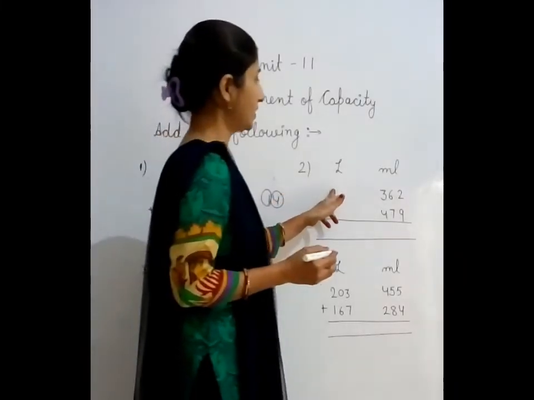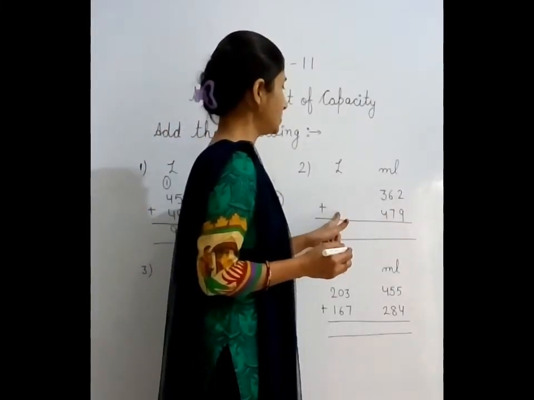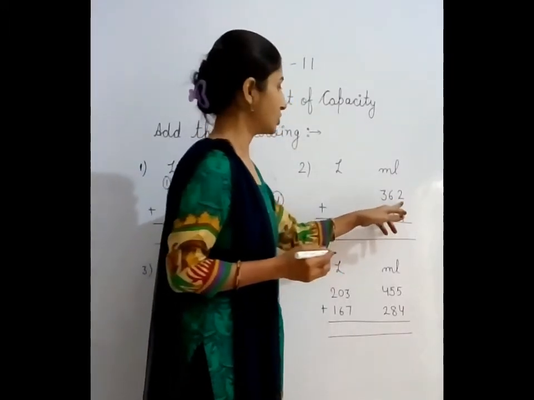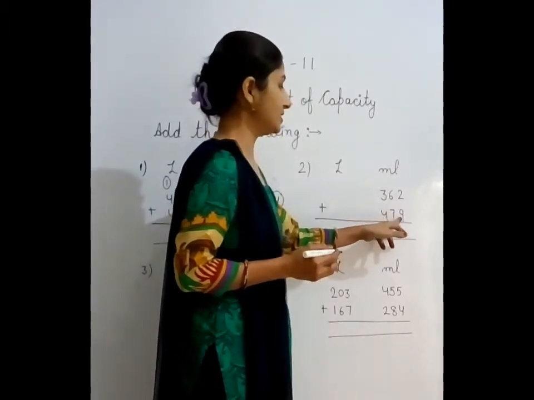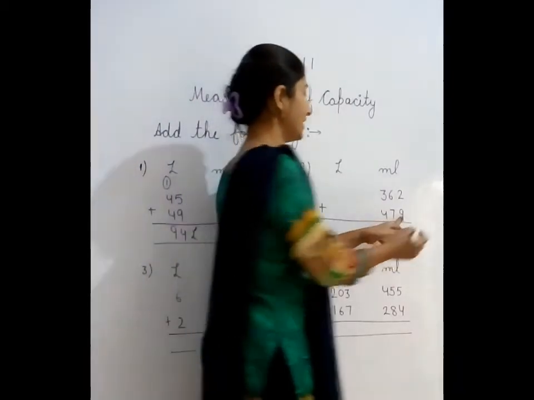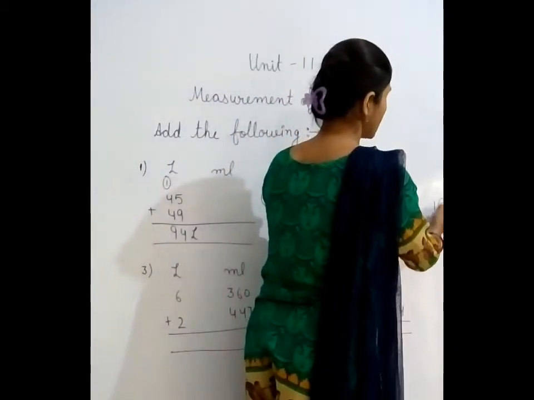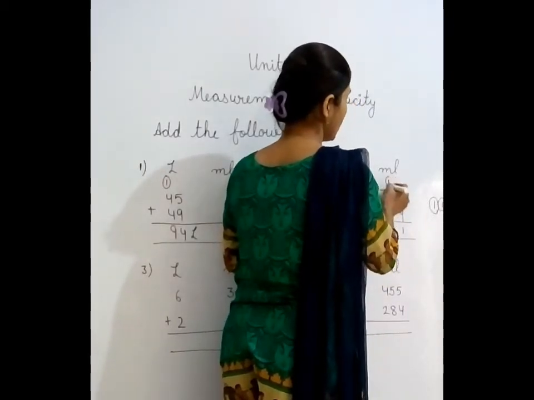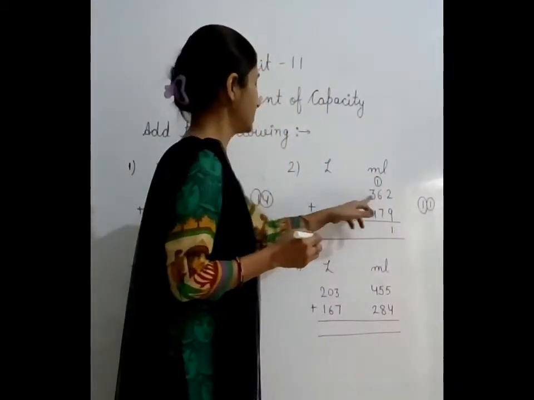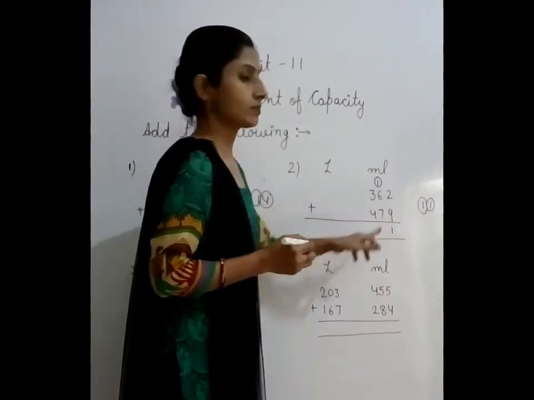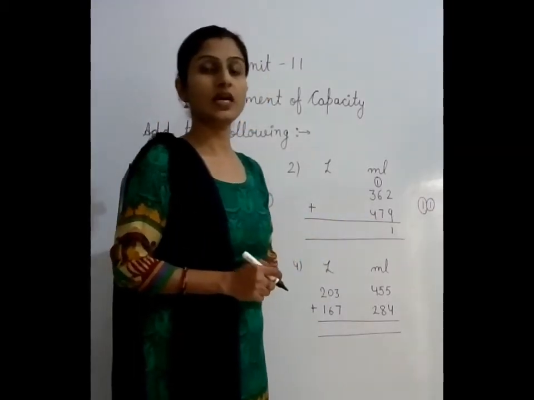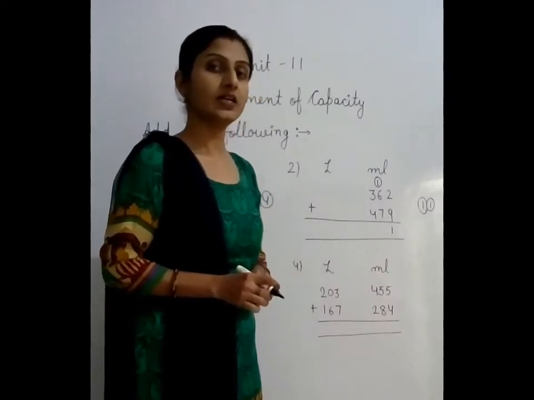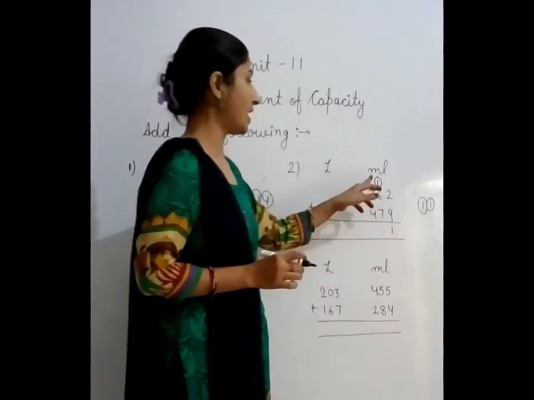See the next one. Liter is not mentioned here. Milliliter is there. So we add only milliliters. So 2 plus 9 is 11. So this one is here and this one is carry over here. Now 6 plus 7. Count in your finger and give me the answer. Quick fast. 6 plus 7 is, yes, 13. And in this 13 we add this one.